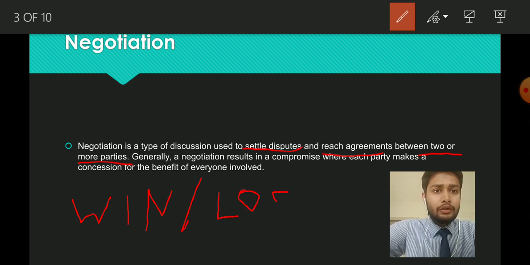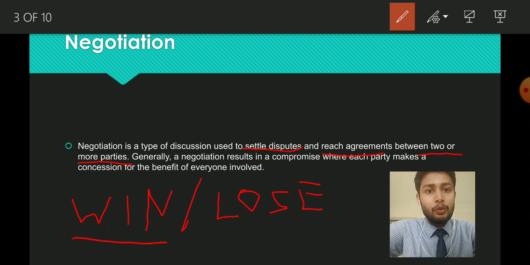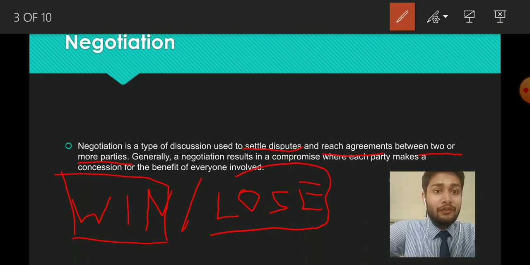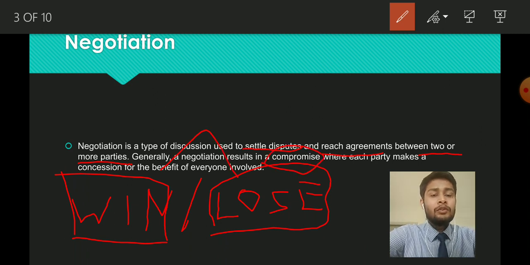There might be many situations where both the parties can win. There can also be situations when someone doesn't want the other party to win; if they see the other party winning, they will make it so that if I lose, the other party will also lose. And there are situations where both people compromise. So here is that word compromise.